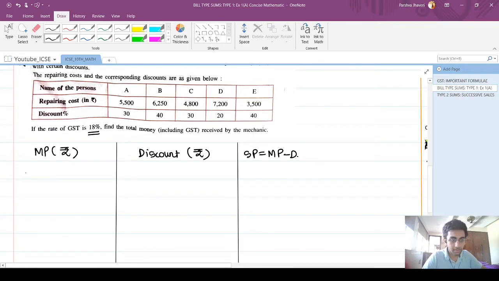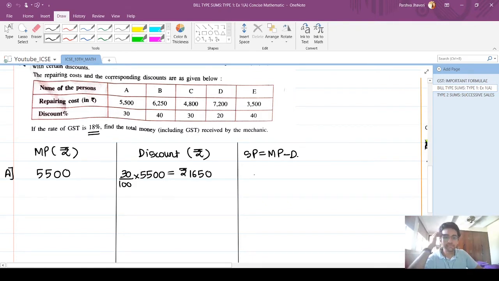Let's first focus on person A. His marked price was 5,500, and he got a 30% discount. The discount is 30 upon 100 into 5,500, which is 1,650. SP is equal to marked price minus discount, so 5,500 minus 1,650 gives you 3,850.